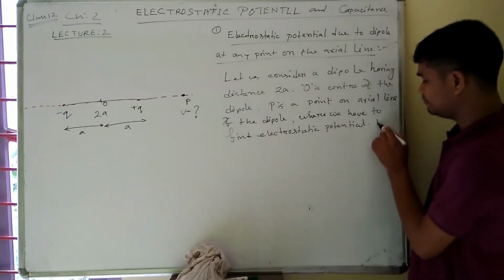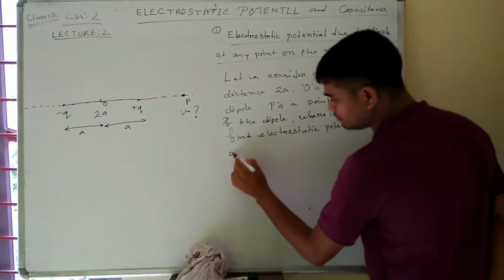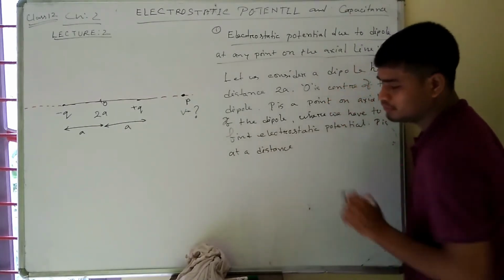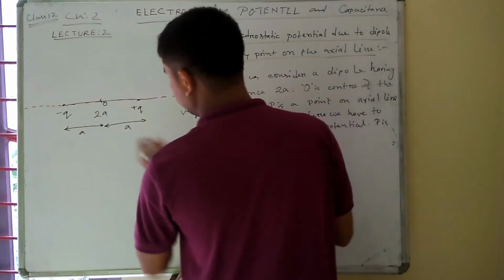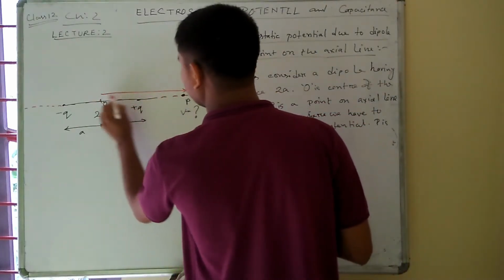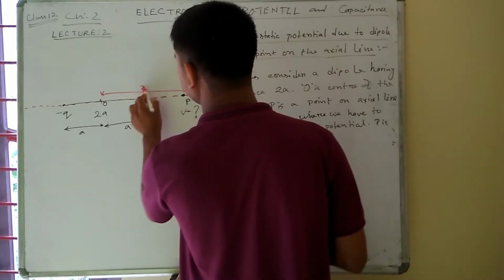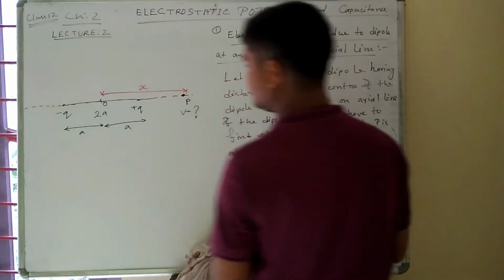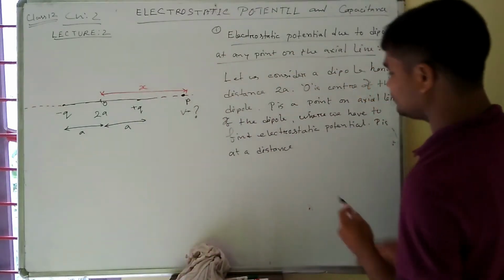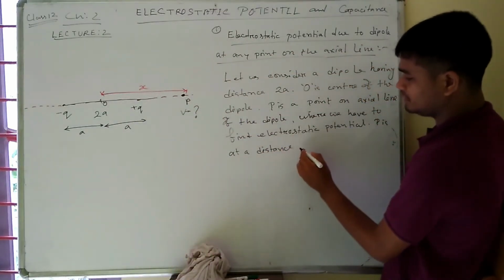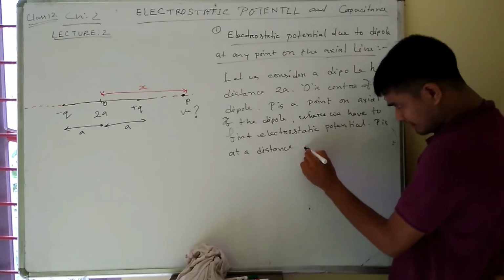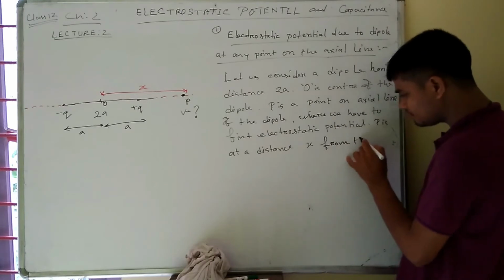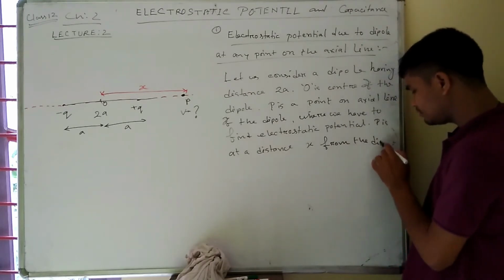Let x be the distance of P from the center of the dipole. P is a point at a distance x from the dipole.